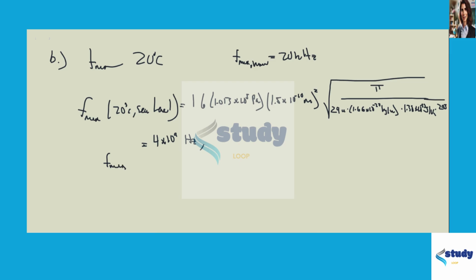Well, f max over f max human equals 4 times 10 to the 9 over 20 times 10 to the 3. And this comes out to being 2.3 times 10 to the 5 times larger.